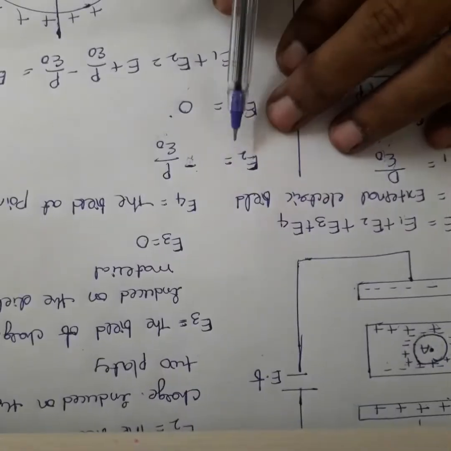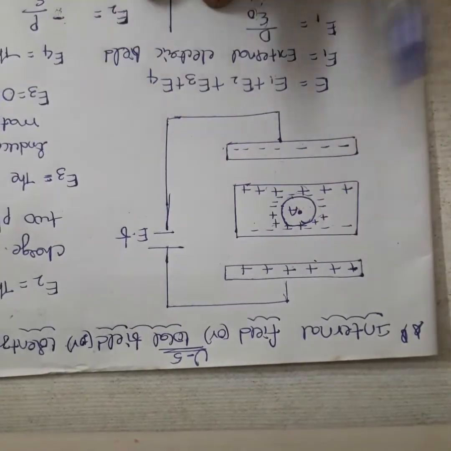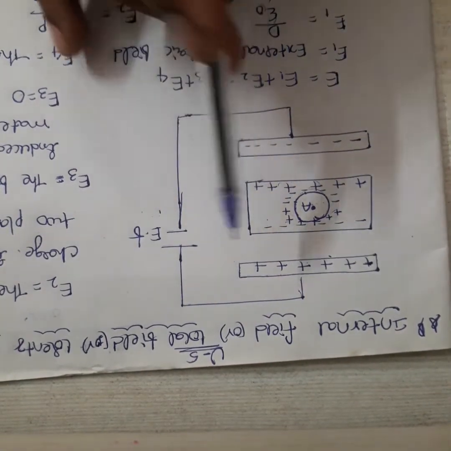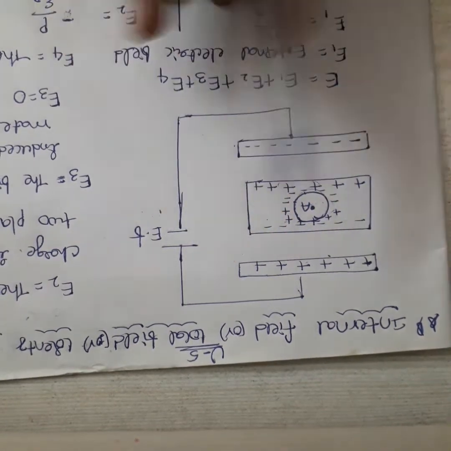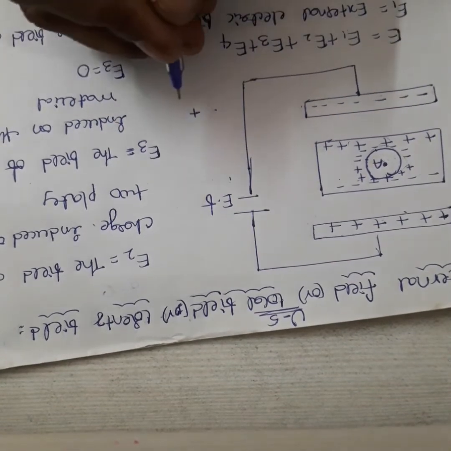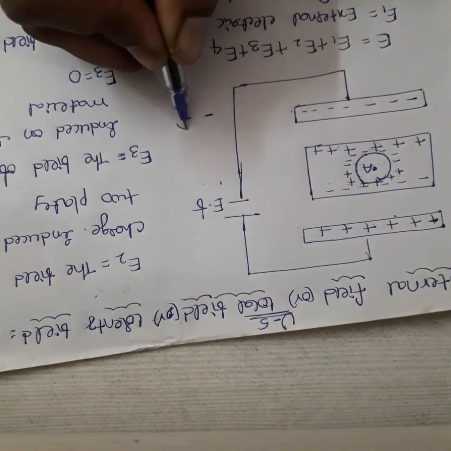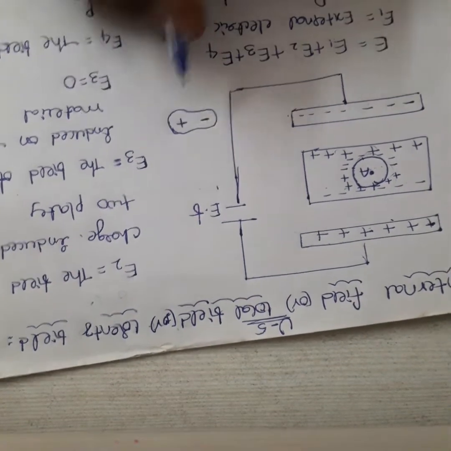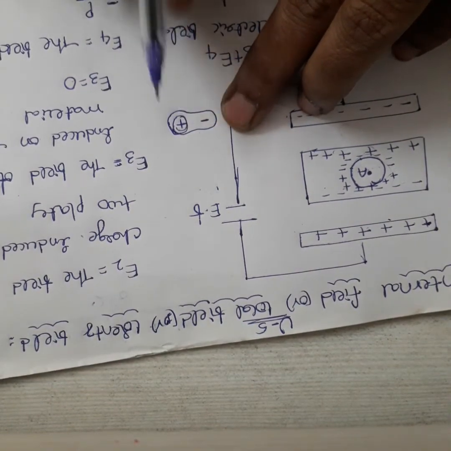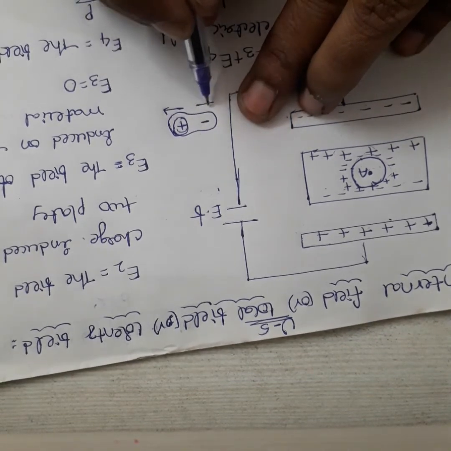Now coming to E2. E2 is the field of charge induced on the 2 plates. Normally, if the electric field goes in the positive direction, the charge is induced in the opposite direction. Here a dipole will always create positive, which stays as it is. A dipole means 2 poles get created: the positive stays as it is and the negative moves a little distance away. Normally it takes the distance from the positive nucleus. So here we are applying the electric field in this direction and the negative charge is moving in this direction.